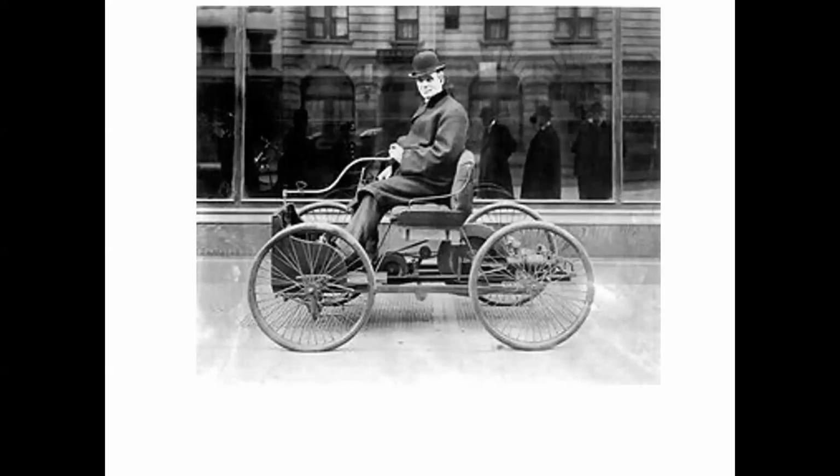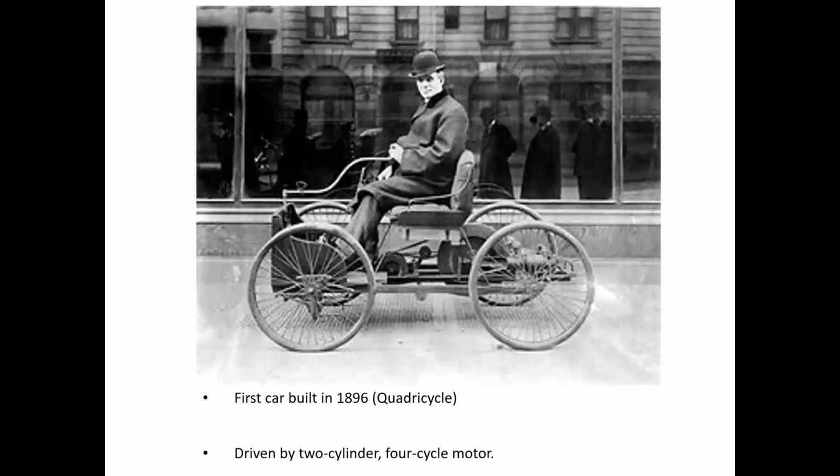Okay, so let's go to the creation. Okay, maybe kita start dengan a bit of history. Okay, so from here then, and then establish and then develop, okay, bit by bit. Okay, so this is the first car built in 1896. Okay, ataupun dikenali sebagai quadricycle lah.